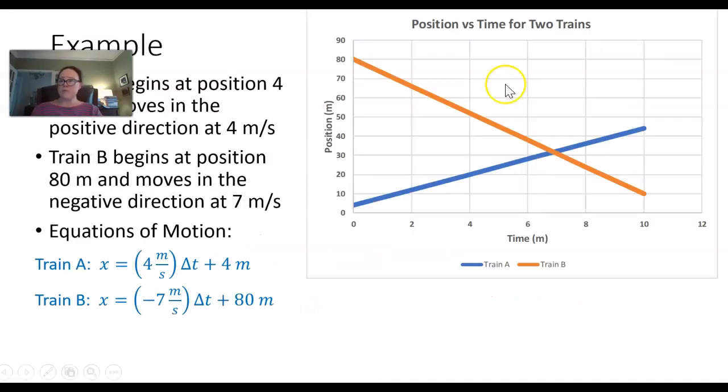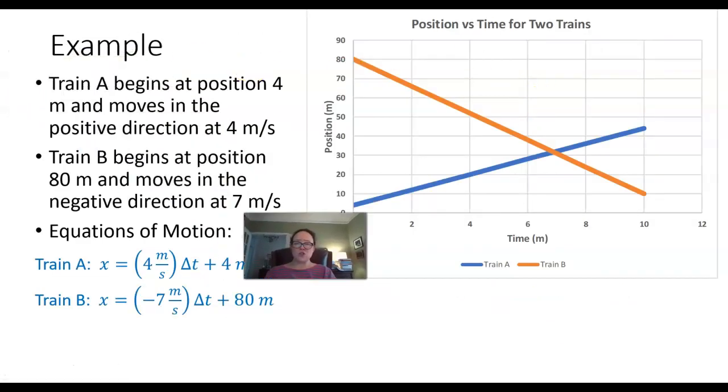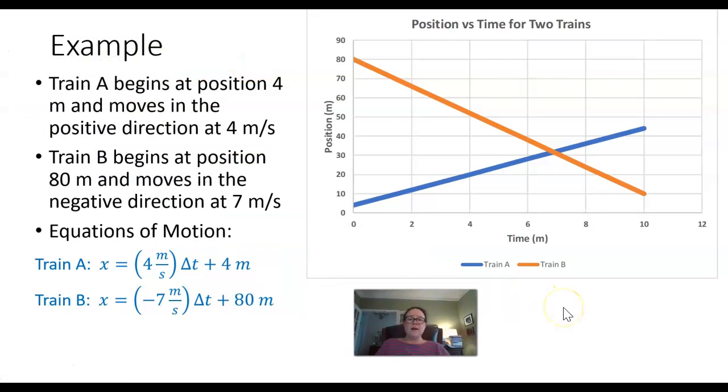Here's an example where we have two trains, and so we've got a position versus time graph. As I'm looking at this, I can see that the blue line, that's for train A, has a positive slope. So train A must be moving in a positive direction. And then the orange line, which represents train B, has a negative slope.